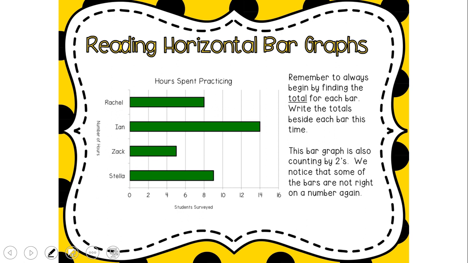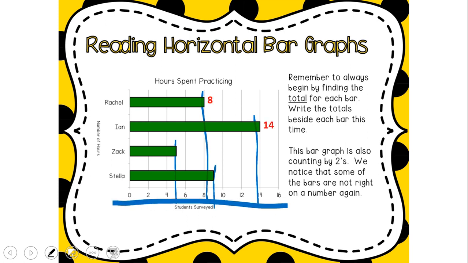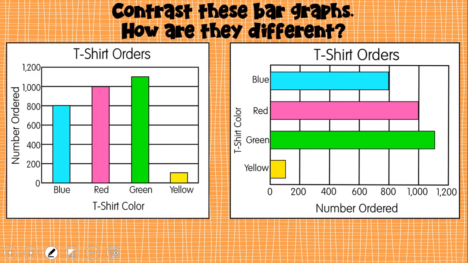And then we have horizontal bar graphs, which is maybe your favorite. And again, we're reading it the same way. So we're just following along the lines and looking to see what the scale is. So we have 8 hours practicing for Rachel, 14 hours for Ian, 5 for Zach, and 9 for Stella, okay?